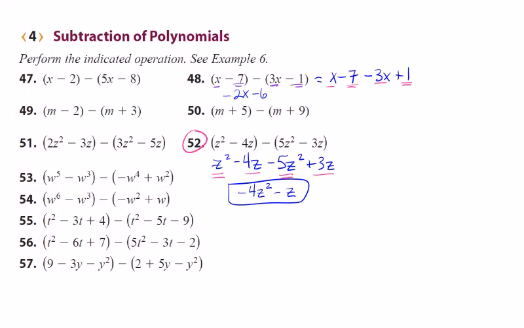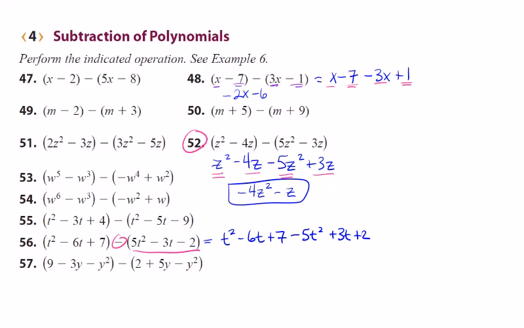So I'm going to rewrite this first. I'm going to write the first polynomial just like it is inside there, but without the parentheses. And then the second polynomial I'm going to write as opposites, so it's going to be negative 5t squared plus 3t plus 2. I'm just changing the signs of everything inside.